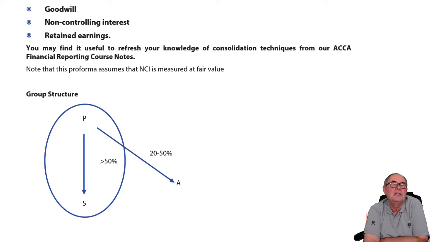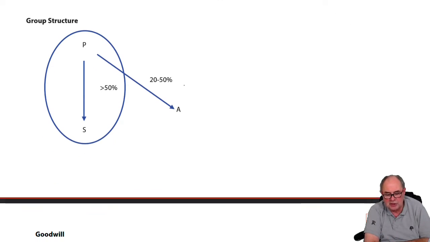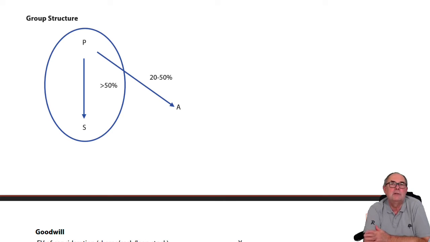But clearly, you would want to always draw a group structure, or at least to imagine the group structure just to sort it out. Remember, at law, the group is the parent and the subsidiary. If you're doing group accounts for the parent and the sub, you also have to bring in the results of the associate. So the associate kind of sticks out of the group.